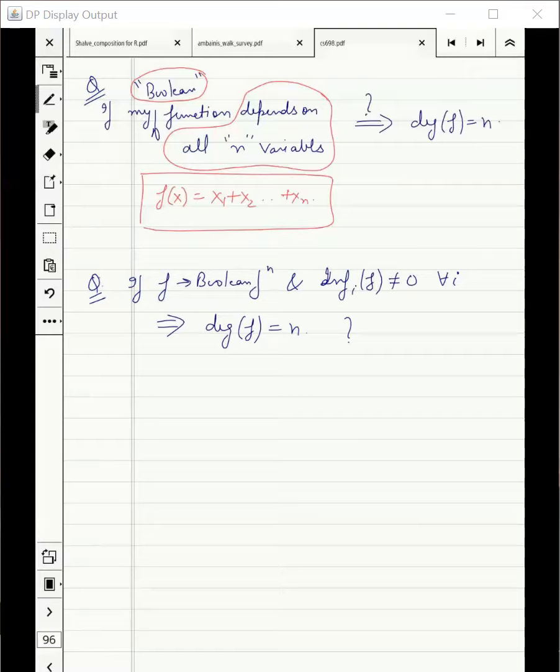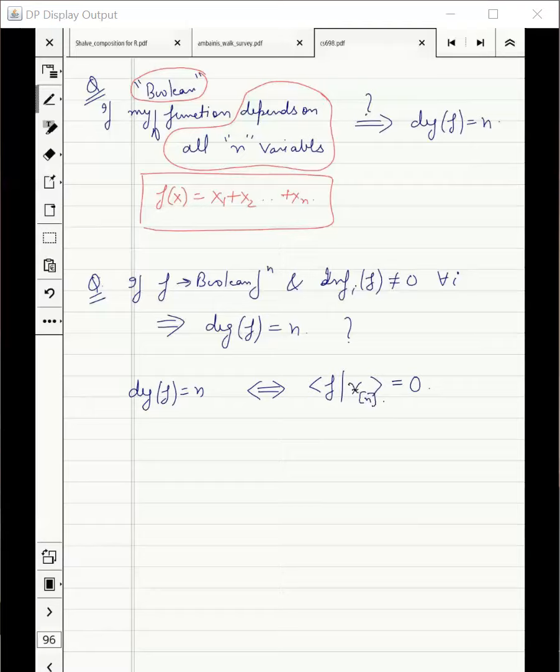Actually, degree of f equal to n is a very, very simple question. Degree of f equal to n is basically asking whether this is 0 or not, right? This is something which we have already seen.